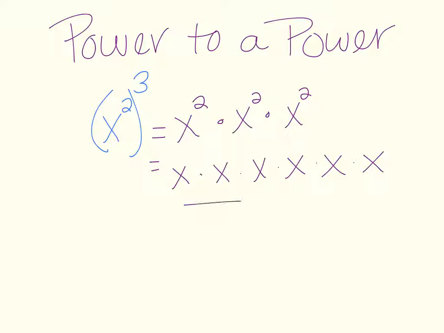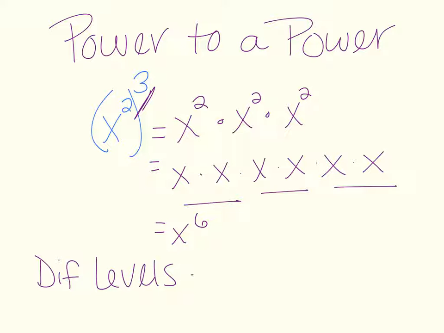So you see we have 6, so x to the sixth. So when you see a power to another power, when you see the parentheses and then they're on different levels, that's when you're going to multiply your exponents.